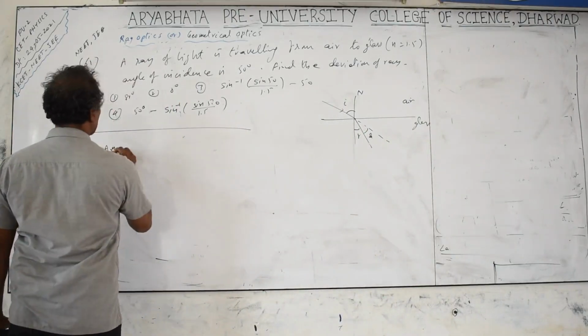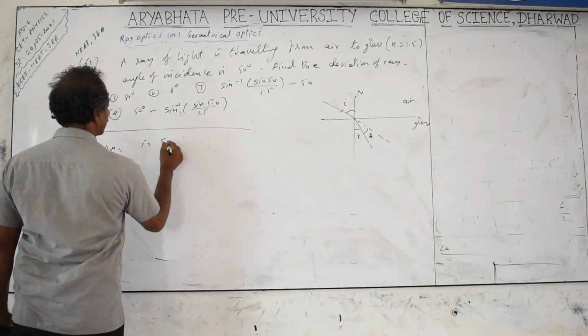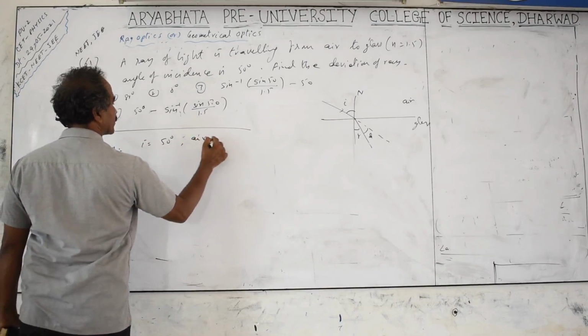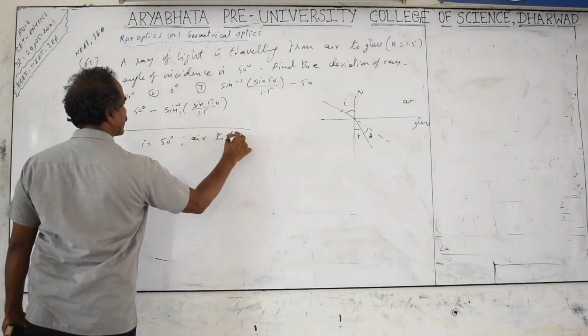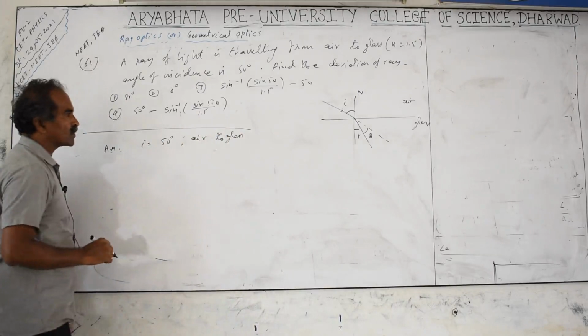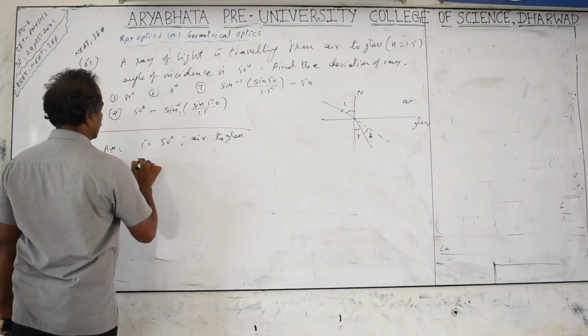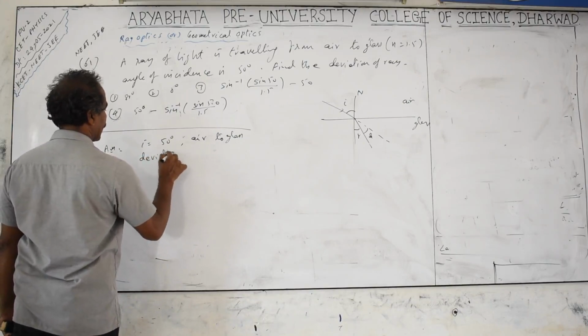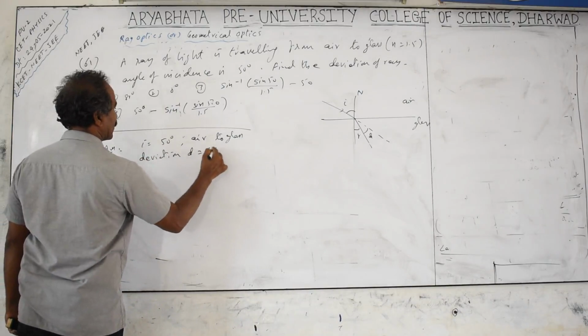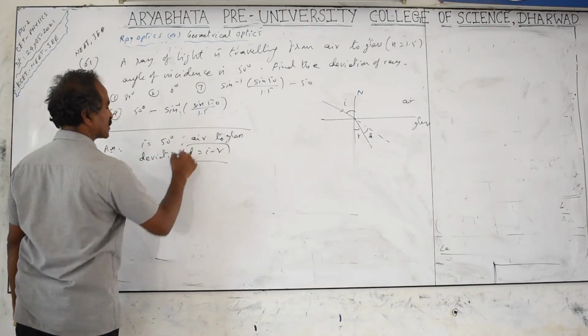Answer: I is equal to 50 degrees. The path is from air to glass, so the deviation becomes equal to I minus R. We have to find out how much I minus R is.